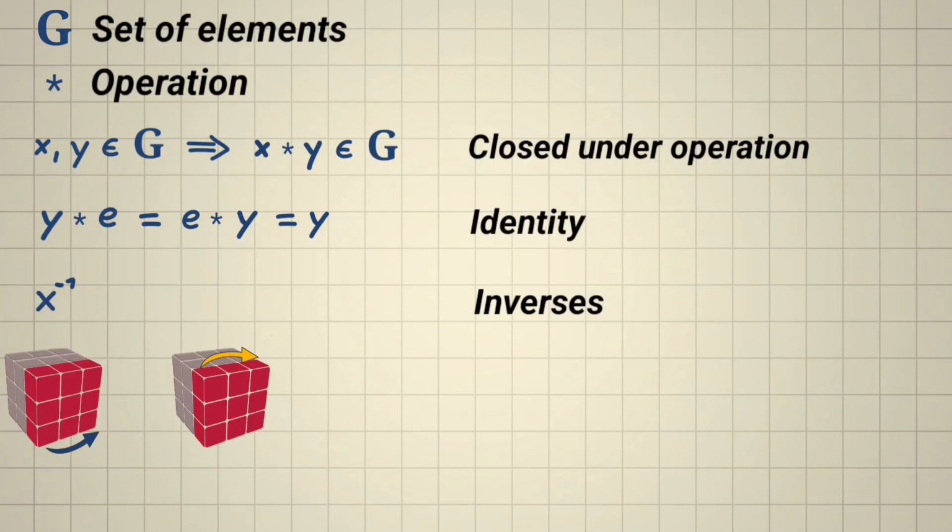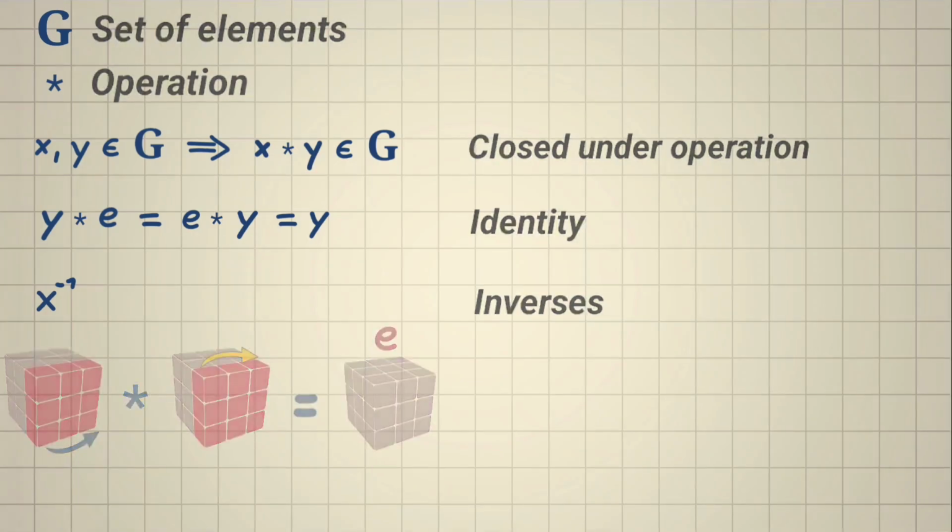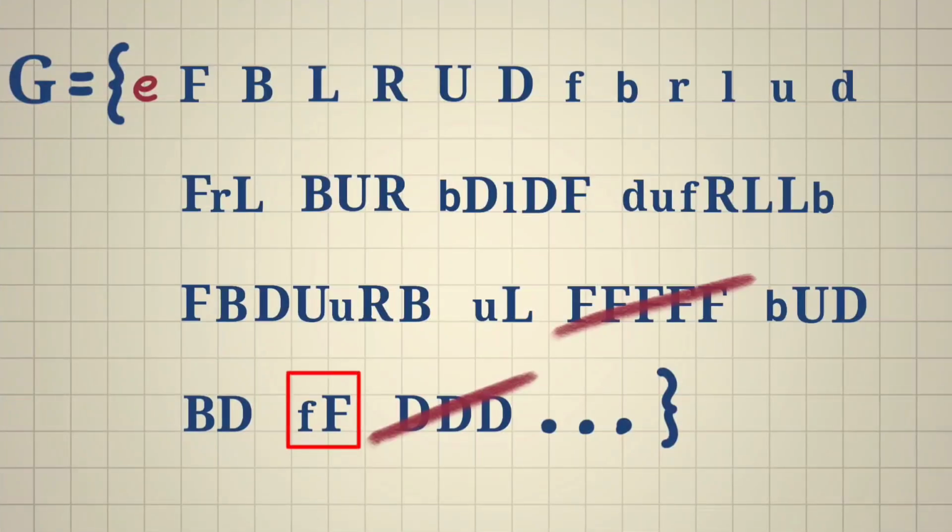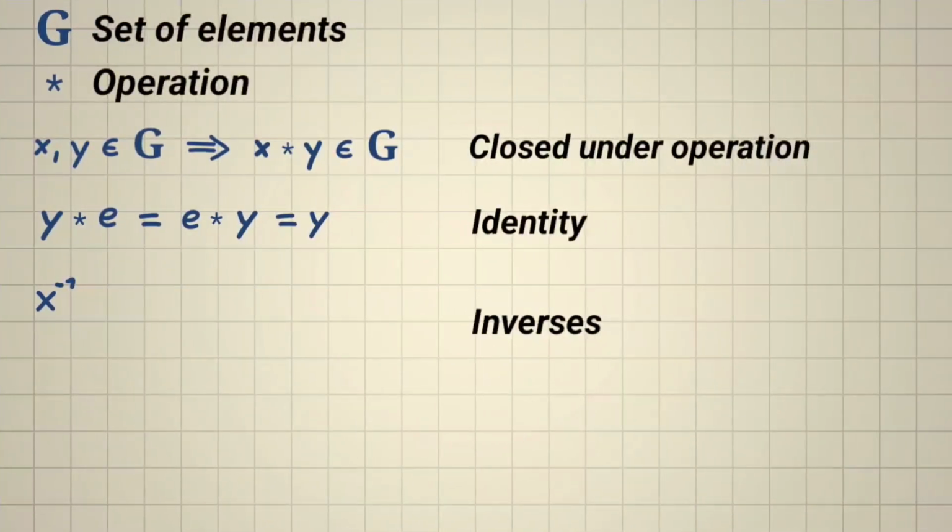And it's somewhat obvious that when these 2 elements are combined, the result must be the identity element. So this element is the same as e and also doesn't need to be listed twice in the set. Thus, in a group, there is an inverse element x to the power of -1 for all x, so that their combination results in the identity element.